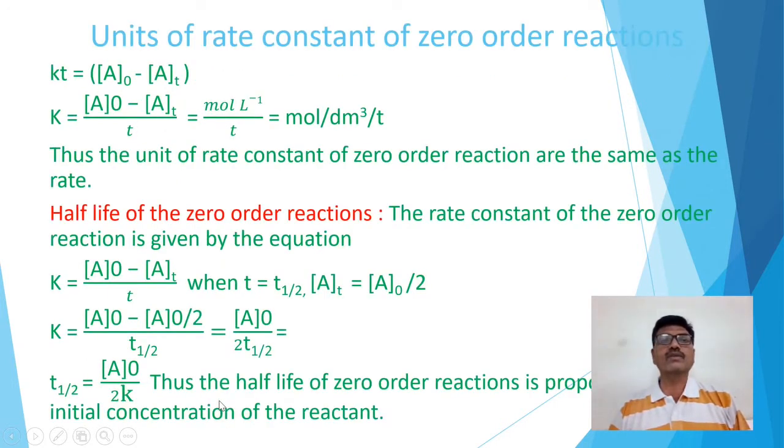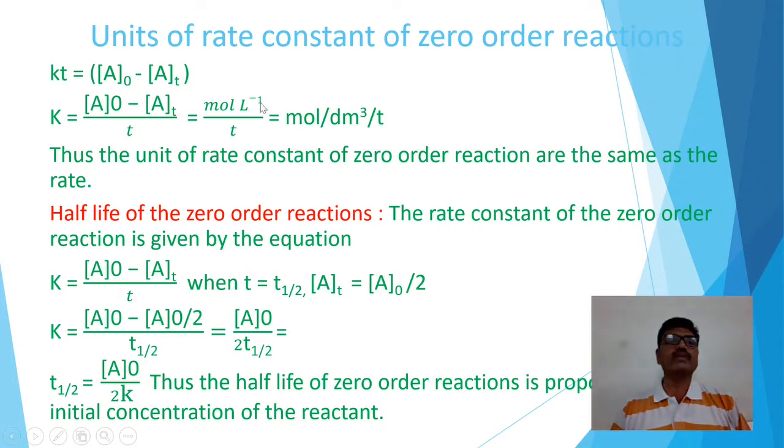Then the next aspect, units of rate constant for zero order reactions. This is the integrated rate law equation for zero order, which can be rearranged like this. From this we have the units moles per liter upon t, which is equal to moles per decimeter cube per unit time.